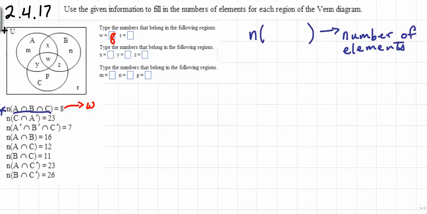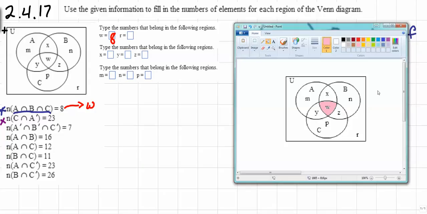Now, the next one that we're going to look at is going to be n of C intersect A complement. In order to understand what this one is, we want to use our Venn diagram to flesh out what we're looking at. So what is C? Well, C is going to be everything in this particular circle right here.